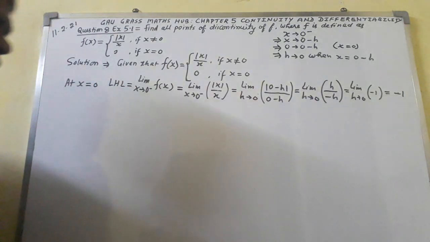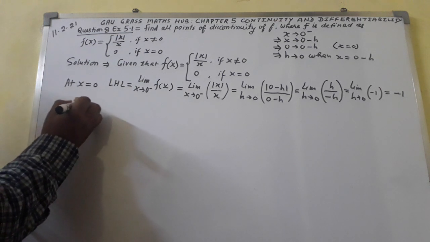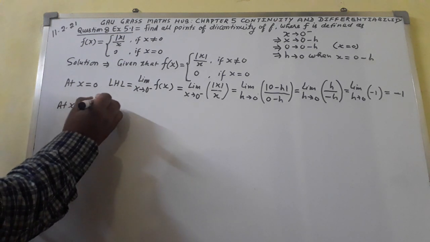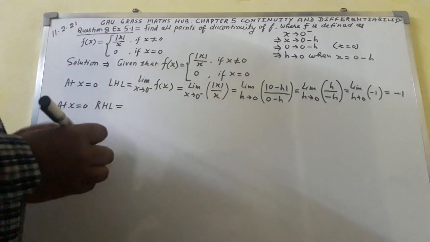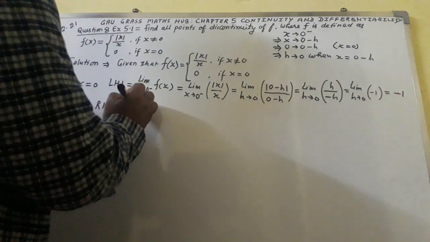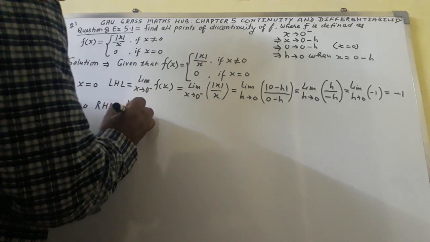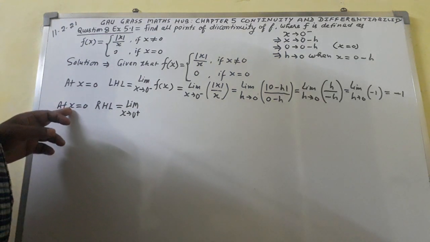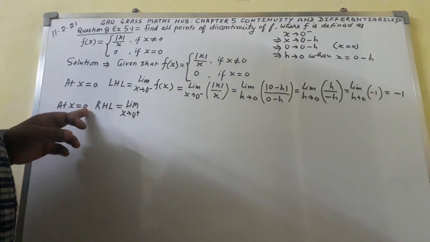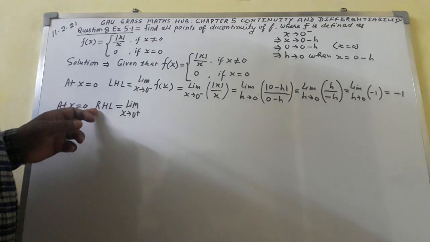Now at x equal to 0, I should find the value of the right hand limit. So the right hand limit equals the limit as x tends to 0 positive of f of x.